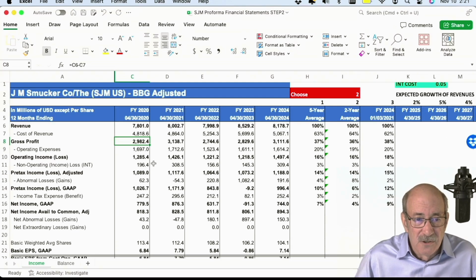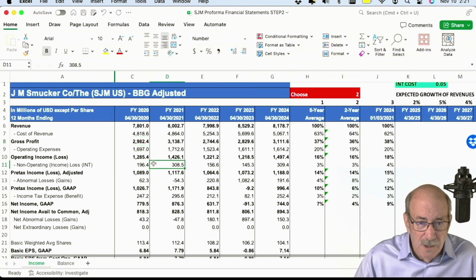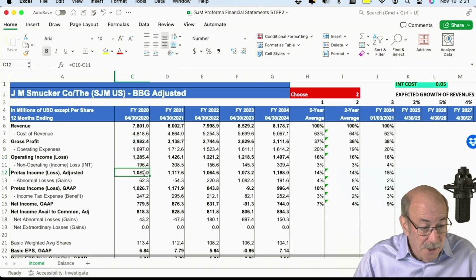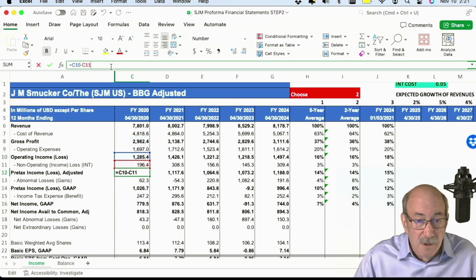So this is cell C6 minus cell C7. And then down here, again, another subtotal, right over here. And you'll notice that this is simply C8 minus C9. And then we go down here, another subtotal. Boom, those guys go together.